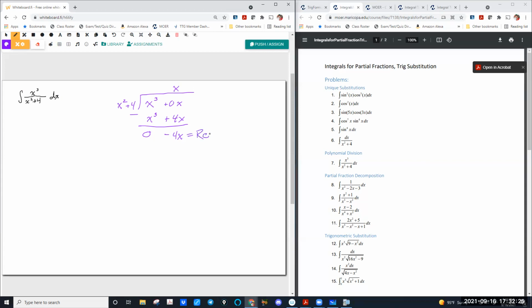This is the remainder. So we use the remainder theorem to rewrite this. In other words, x cubed over x squared plus 4 is equal to x plus negative 4x over our divisor, x squared plus 4. Okay? That's what's called the remainder theorem.